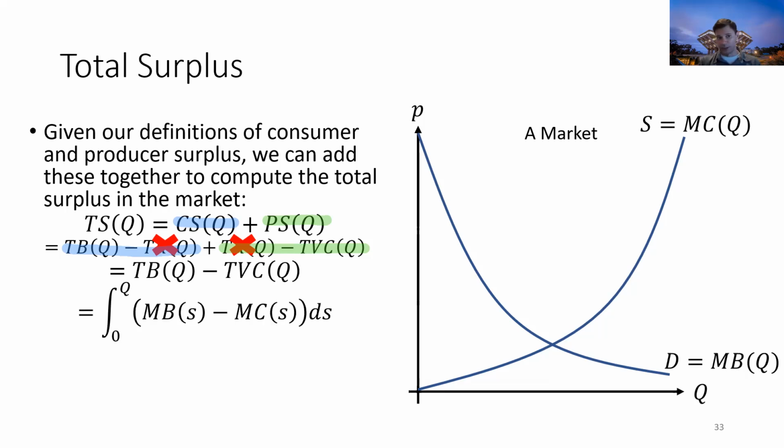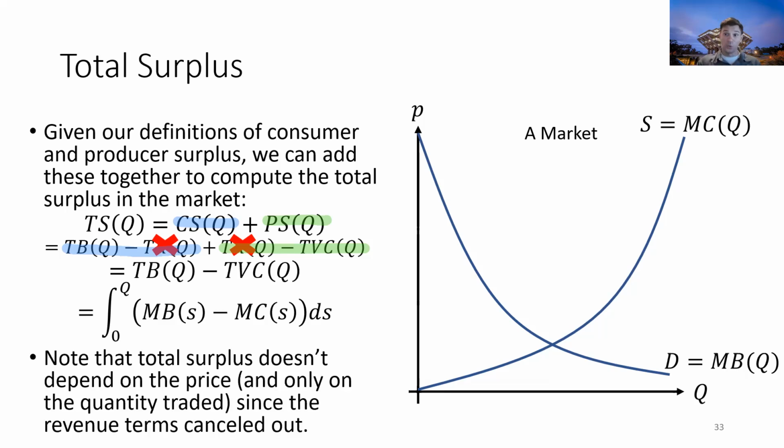And we can equivalently write this as the integral between the marginal benefit and the marginal cost curve, the area between the marginal benefit curve, the demand curve, and the marginal cost curve, the supply curve. So you should note here that total surplus does not depend on the price, right? The price shows up in total revenue, but total revenue canceled from both terms.